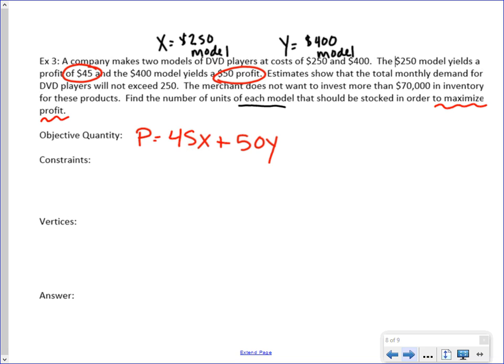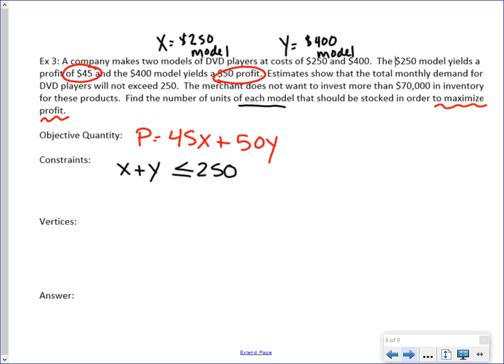So what's the monthly demand for DVD players? No more than 250. So I'm not going to sell more than 250 DVD players in a month. So that would say X plus Y should be less than or equal to 250. Okay, my demand, I shouldn't buy more than my demand.